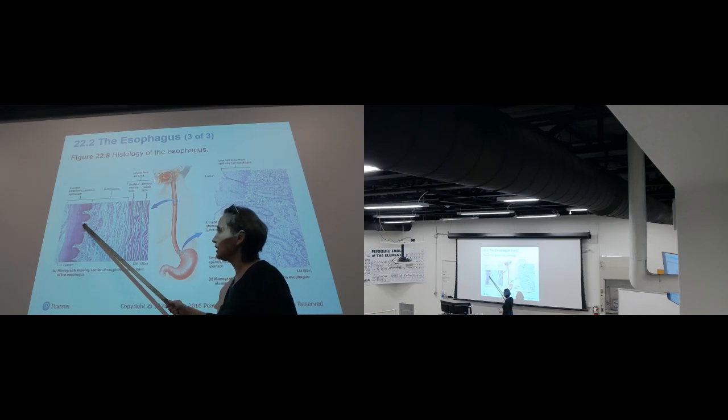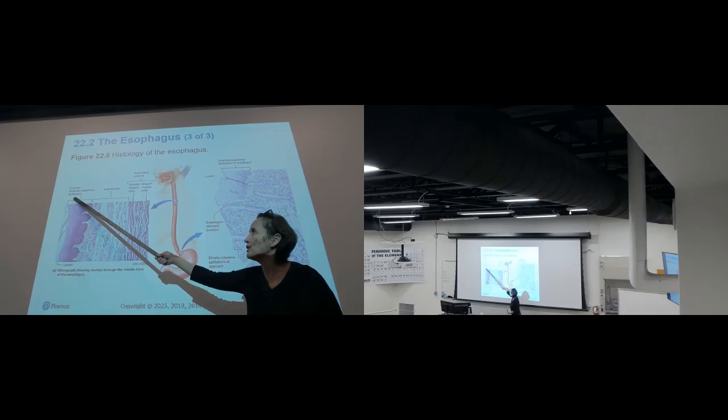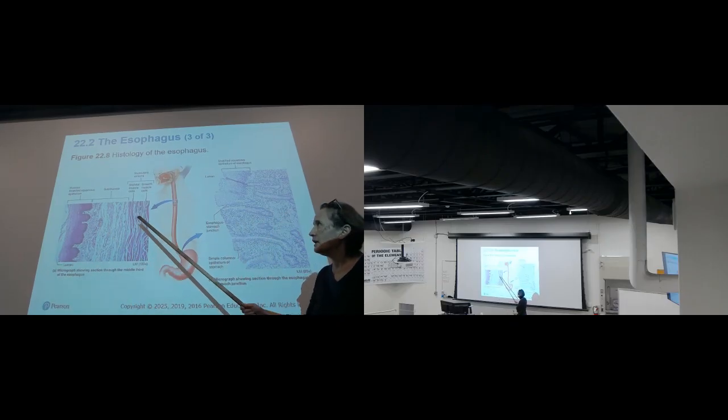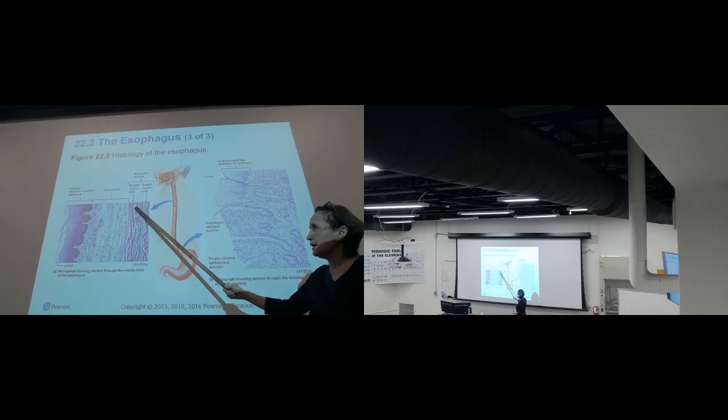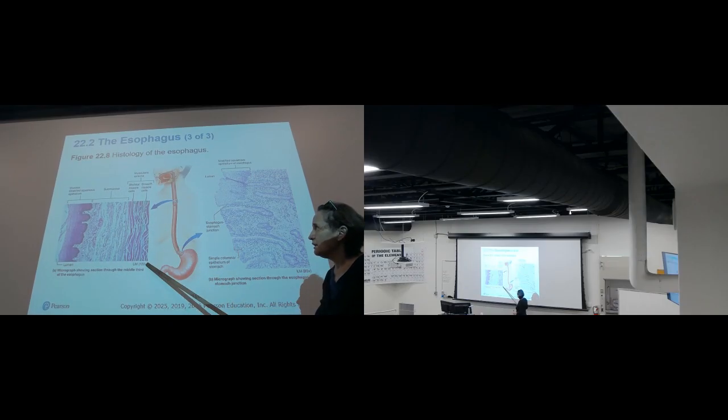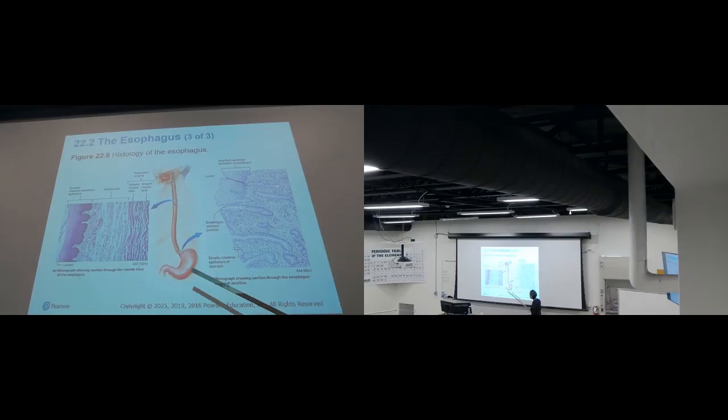And then if you magnify a piece of the wall, you can see here this epithelium, which is a stratified squamous epithelium without keratin, several layers of flat cells. And then this will be the submucosa with these glands that secrete mucus so that you can have lubrication of this epithelium. And then here we have the muscularis with the circular layer of cells, and then the longitudinal layer of cells.